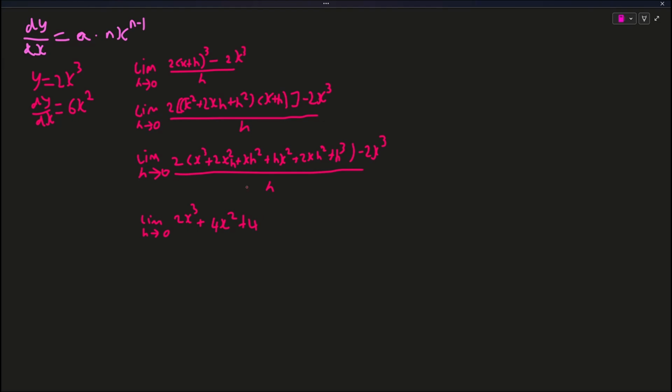So 2x cubed, you got 2x squared h, and there's another one there. So you got 3x squared h, put the h down so they look the same. And so we now have times 2 is 6x squared h.